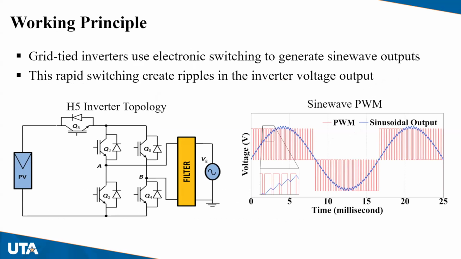Not every inverter has this kind of topology, but this is a very fundamental topology that most inverters use. If you are from electrical engineering or have ever taken a circuit course, you probably know this. It's a bridge design, right? This design will be able to give you bipolar output, so you can do plus and minus.